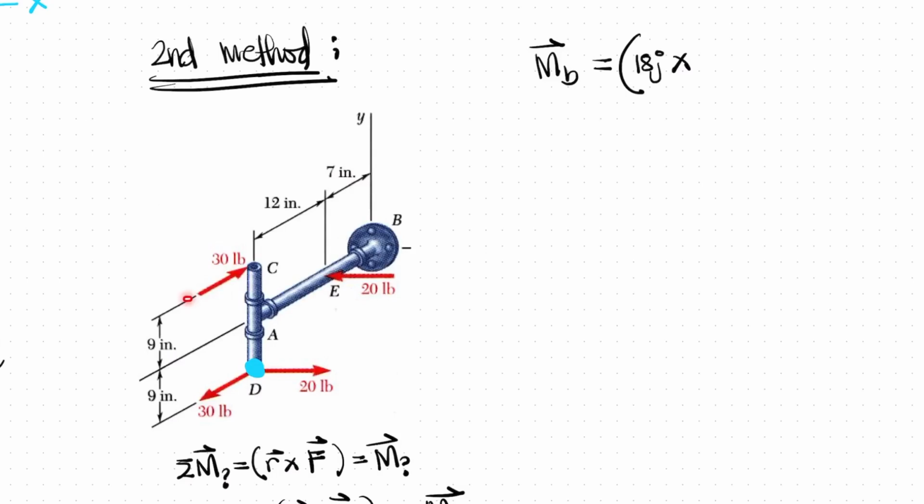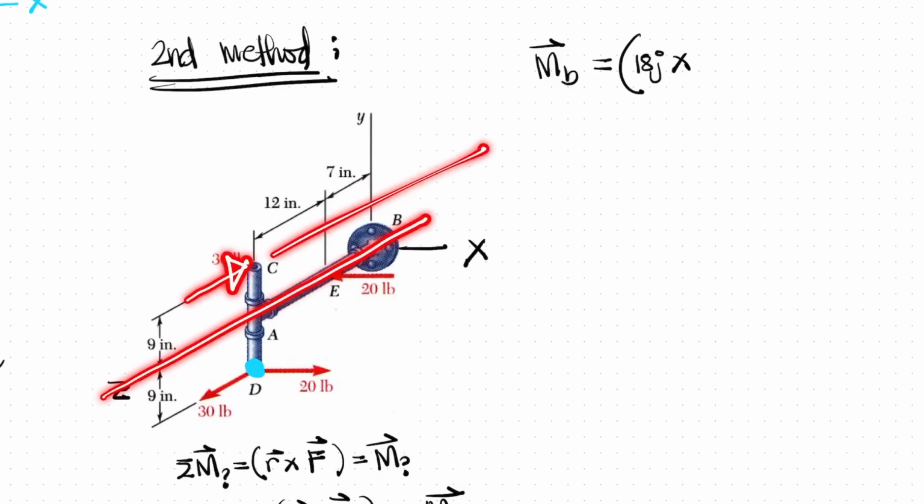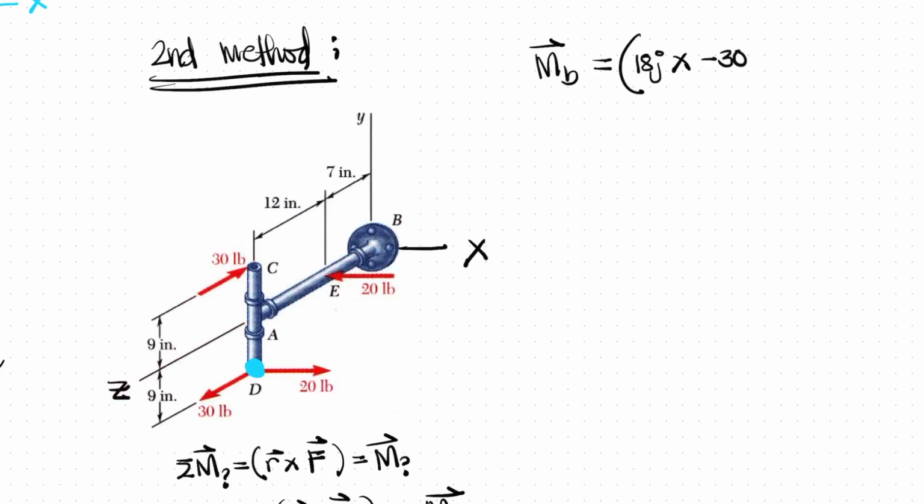The 30 pounds is along the z-axis, directed toward here, which is negative 30 along z. This is k.